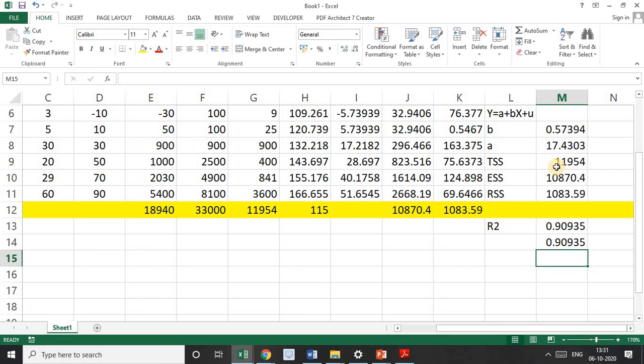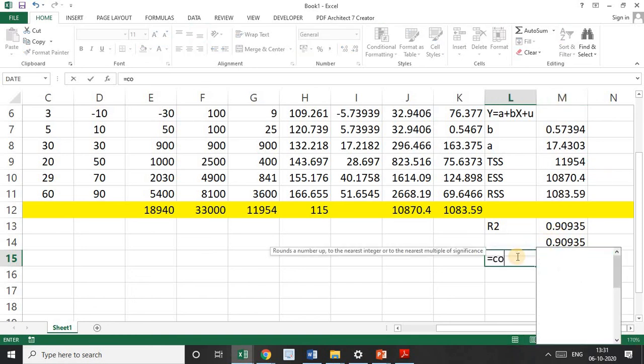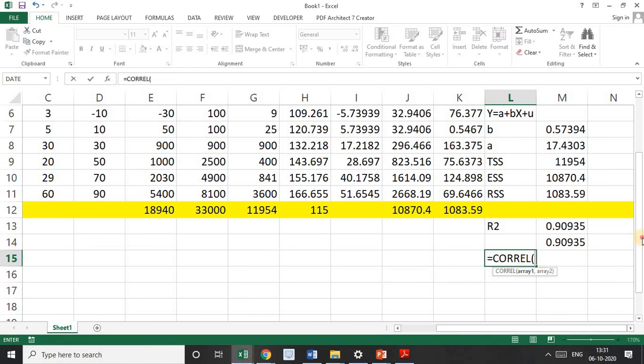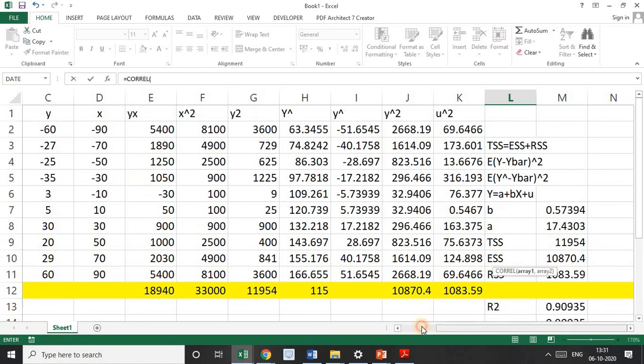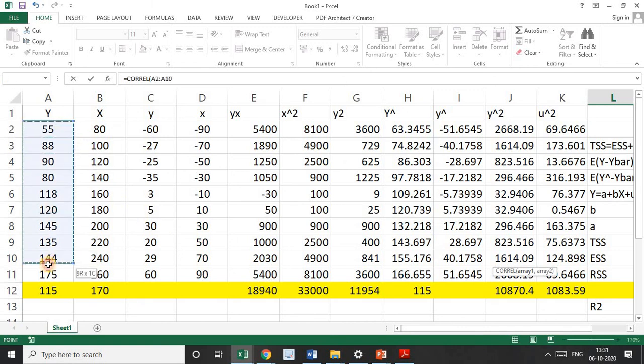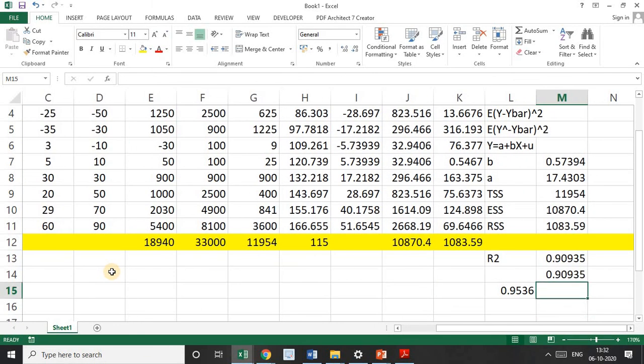So this is all about R square, or goodness of fit, or coefficient of determination. It is basically nothing but the correlation square. If you find the correlation between these two sets of values, you will get 0.9536, and if you square it, you will get the R square.